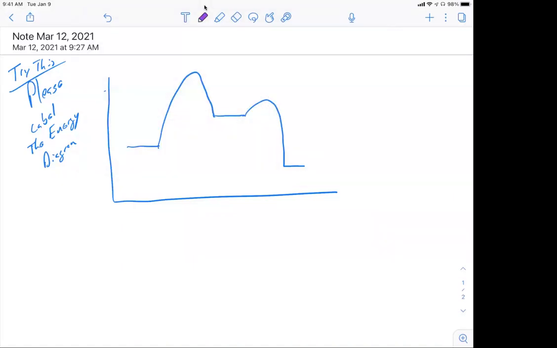And to remind you, I'll write a few things down here. There are the things that you should be able to label.